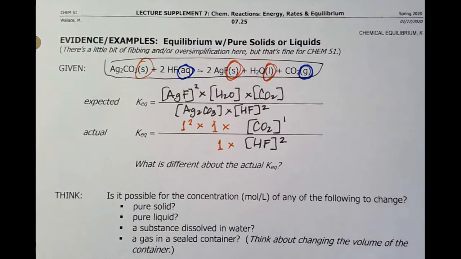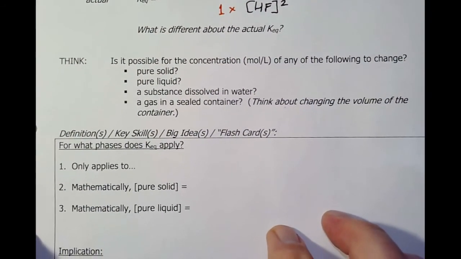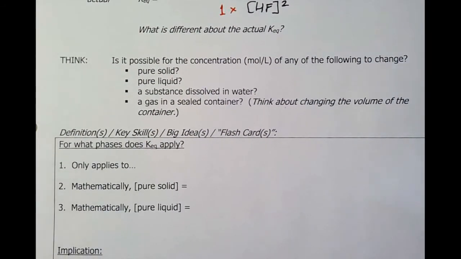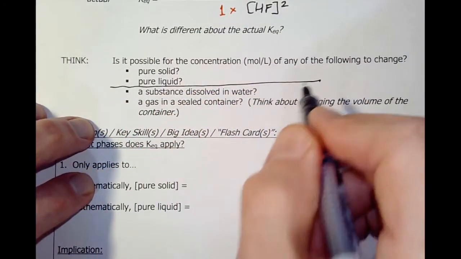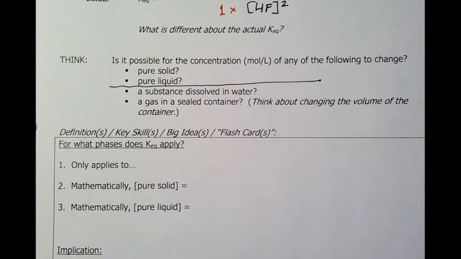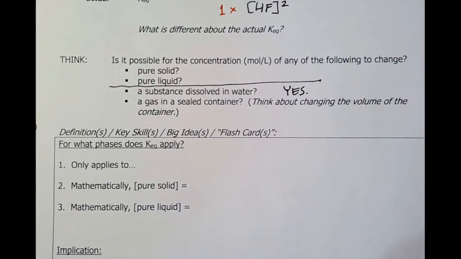Now, there's a reason for that. Think about this. If I have a substance dissolved in water, can I change the concentration? Sure, you could put more stuff in water, or you could put more water in there. Yes, you can change the concentration.